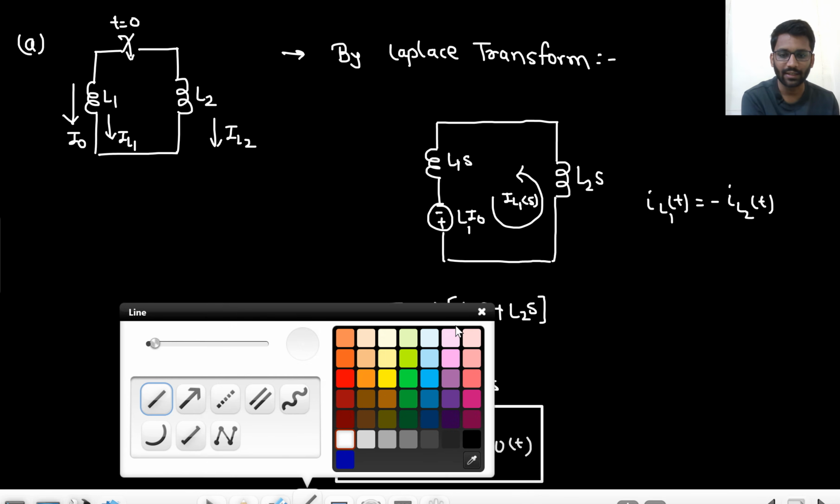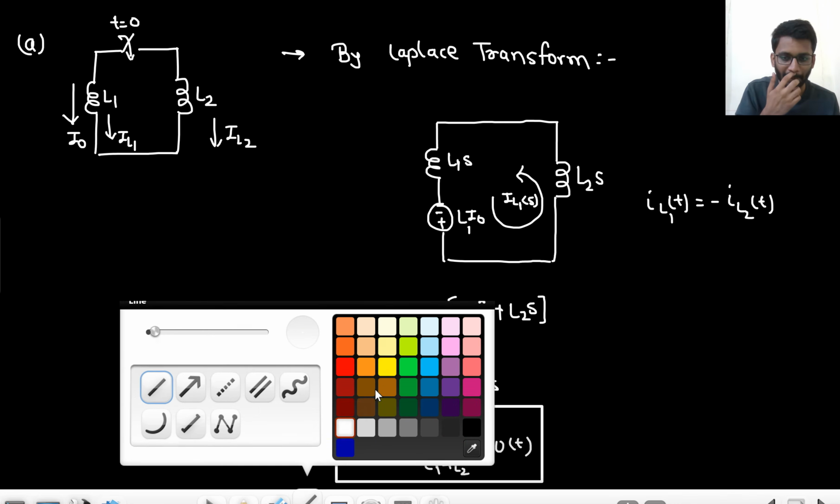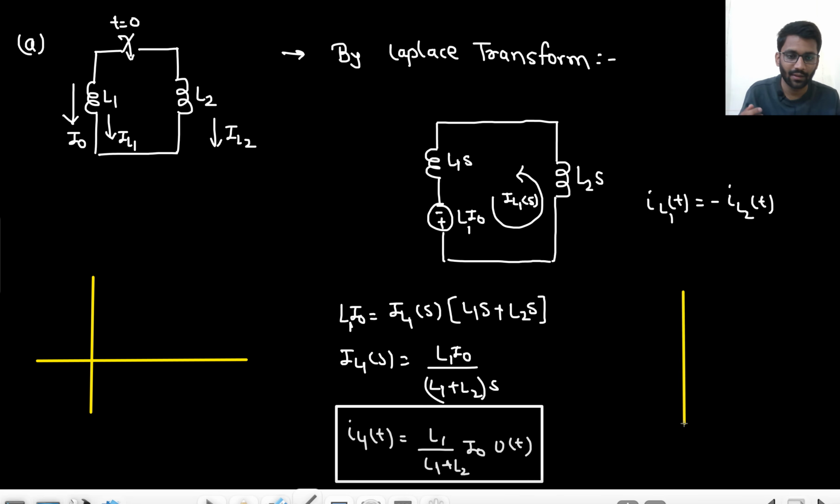So what is happening with IL1? IL1 is going from I naught to L1 I naught upon L1 plus L2, right? This is the graph for IL1.